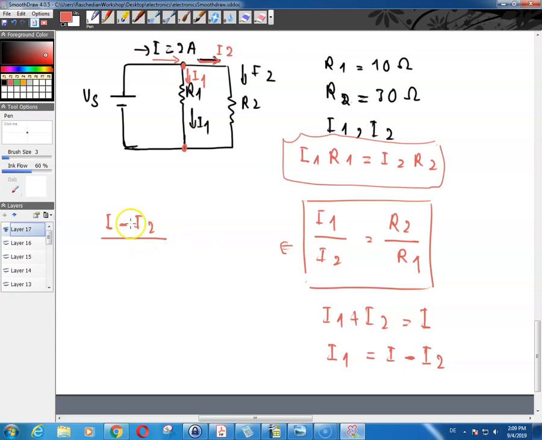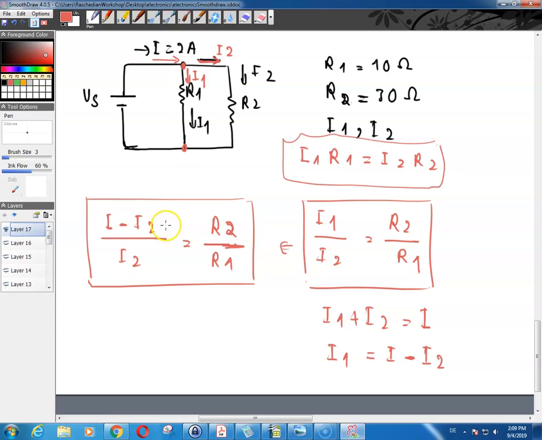So I minus I2 over I2 is equal to R2 over R1. Now I can calculate I2. I is 2 amps, so 2 minus I2 divided by I2 is equal to R2 to R1, which is 30 to 10, equal to 3.